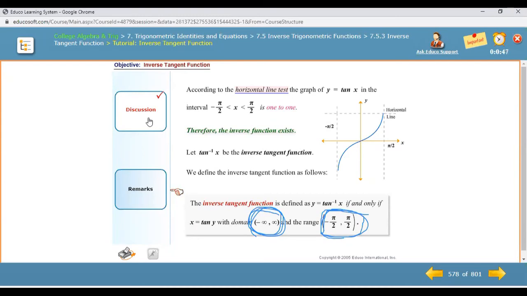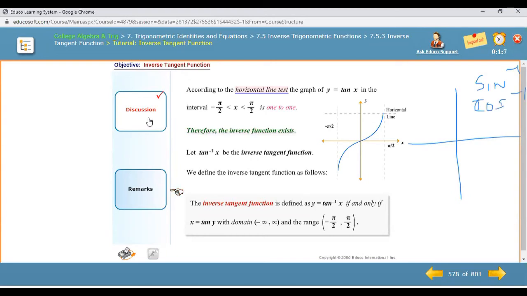Now, whenever you're working on this, please make sure that when we are dealing with inverse functions, sine inverse, cosine inverse, and tangent inverse, the positive values are over here in the first quadrant.